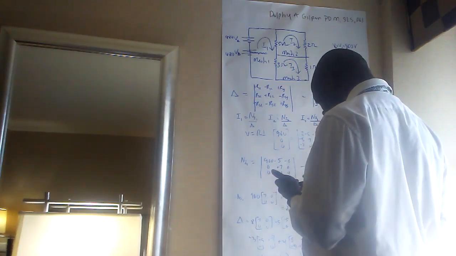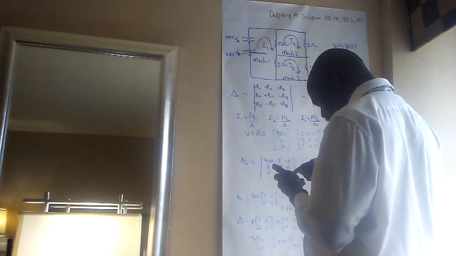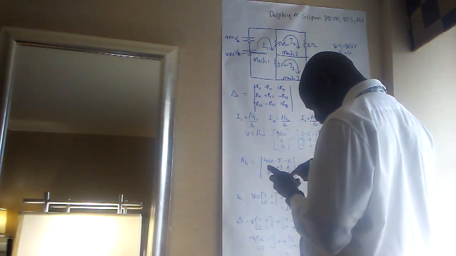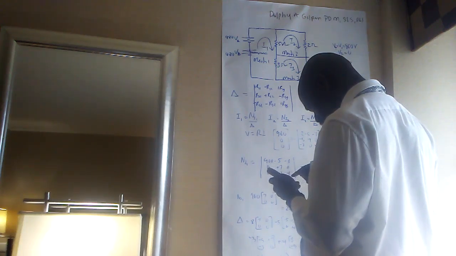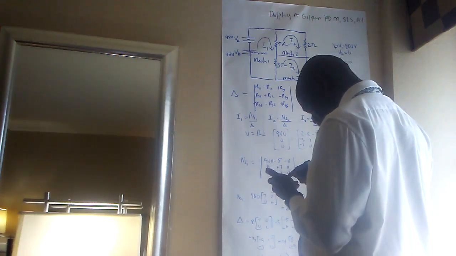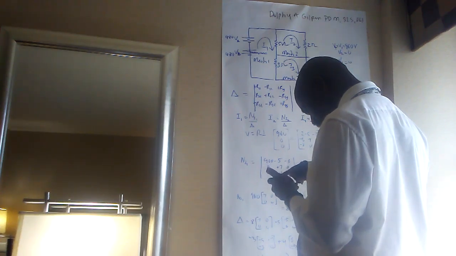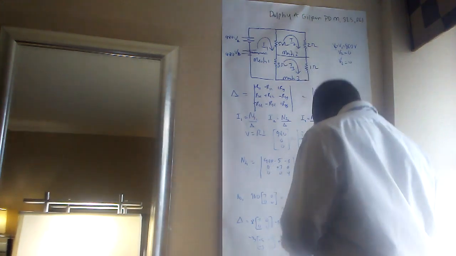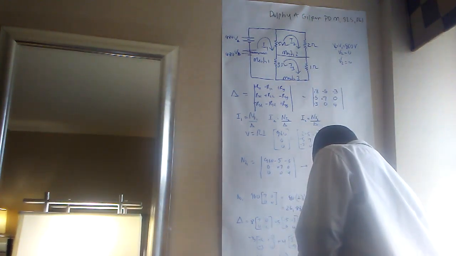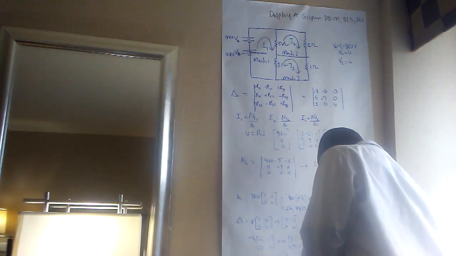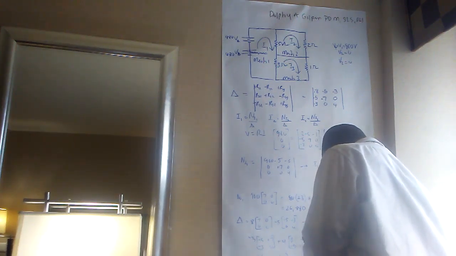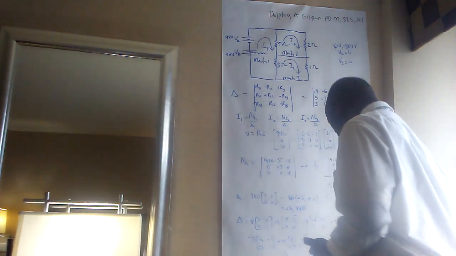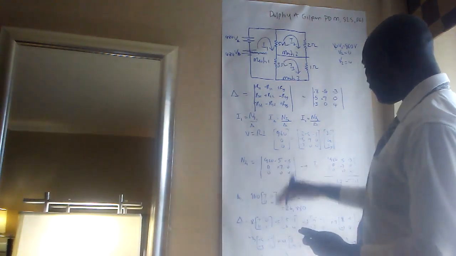Okay, let's see. 26,880 divided by 583 equals 46.1063. So we get the value for I1. We come back and calculate I2 and I3.